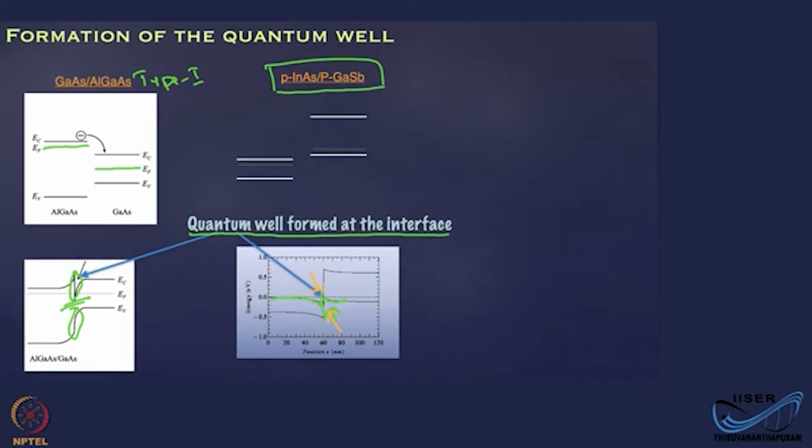But since it is a p-type material, you have to consider that the holes are the majority charge carriers there. So you will have a quantum well in the valence band. In the earlier case, you have a quantum well in the conduction band. So that is a difference. Here you have a hole gas; in this case, you have an electron gas.